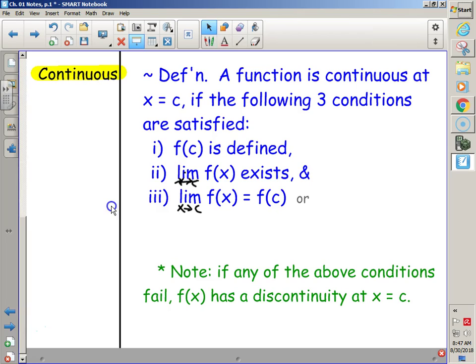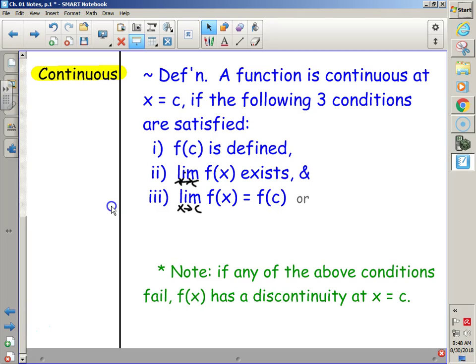Add in the little notation, limit as x approaches c of f of x exists. The point has to be there, the limit has to work, and the limit has to agree with the point. If you want to put it in simple language, number 1, the point has to exist at c. Number 2, the limit has to exist as you come towards c. And then number 3, the approach has to equal the at. They have to be the same, and if they're not, somehow the thing is broken.